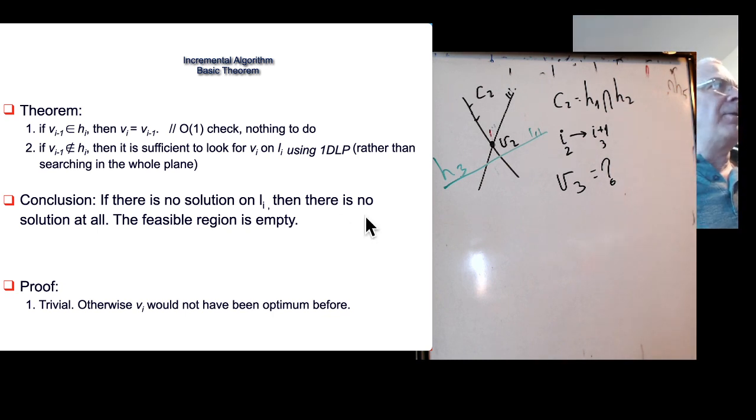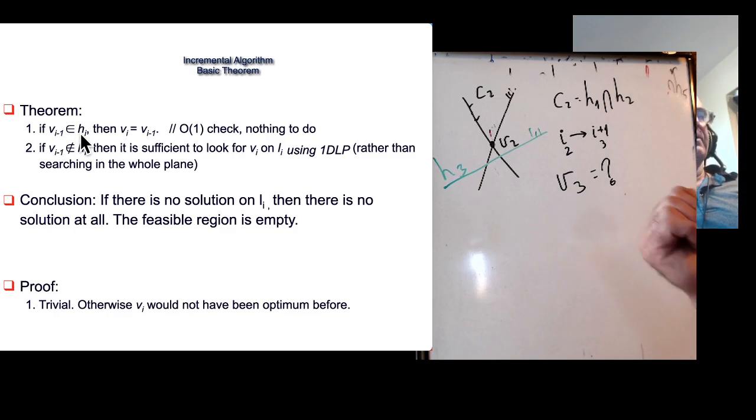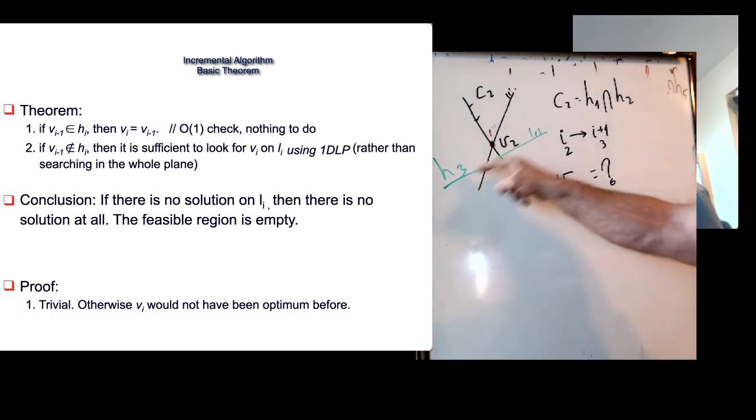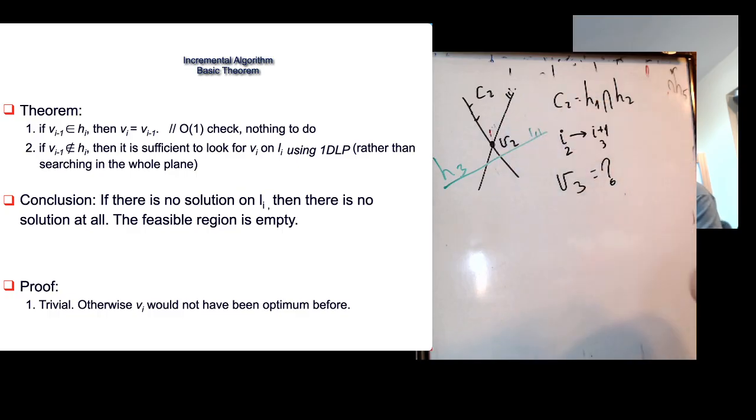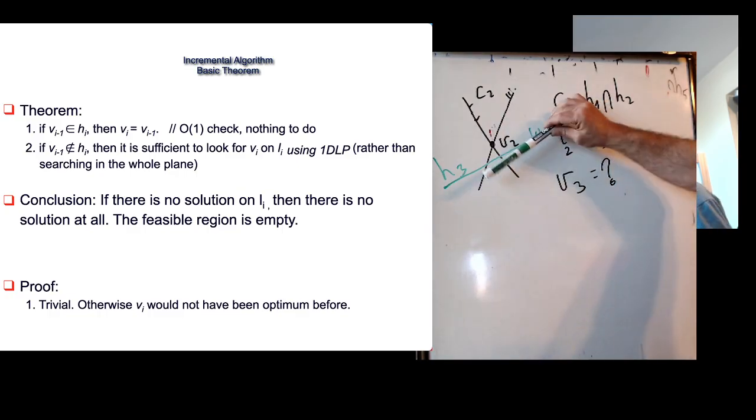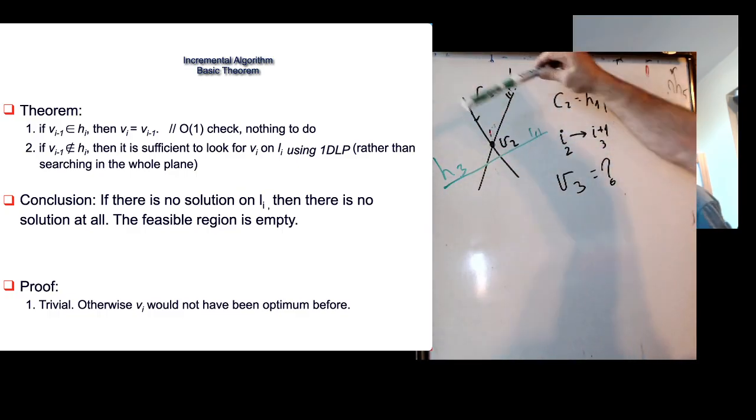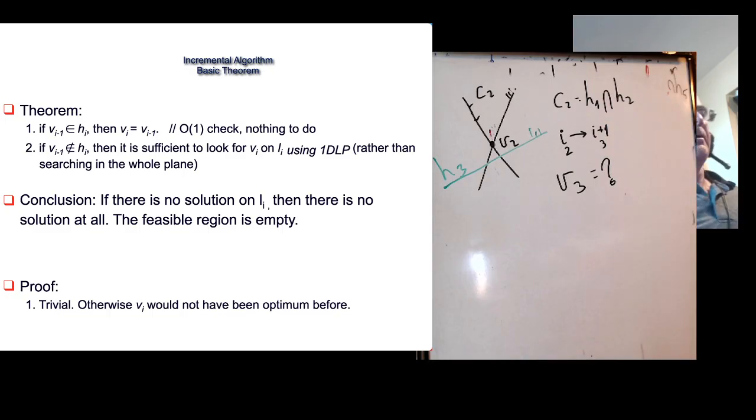So, theorem. v_{i-1}, in our case v2, maybe it's already inside H3. That's the example that you see on the whiteboard. v2 is inside the half plane H3. The half plane consists of all the points above the line L3, everything over here, and it includes v2.